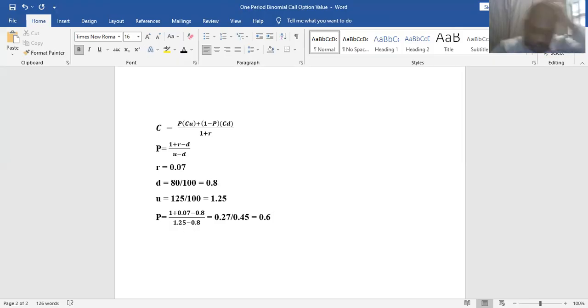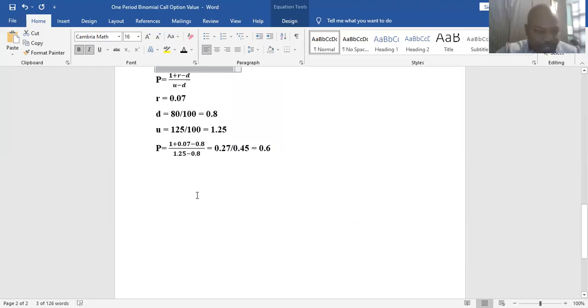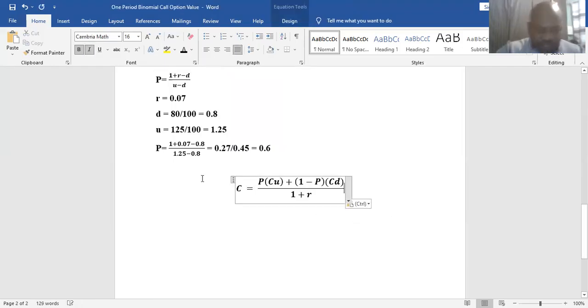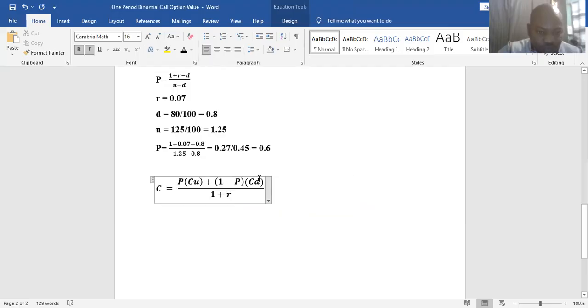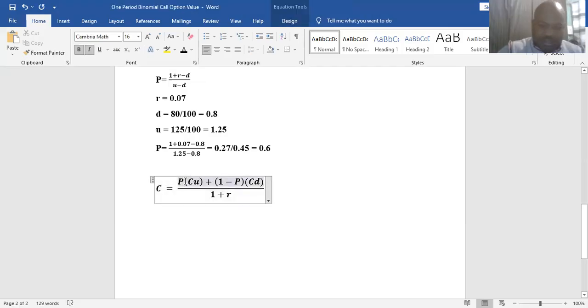Let me see my Q. Let me just choose everything in the formula so that we can find the value of the core option. So the value of the core option is given by this formula, which is basically P, 0.6, multiplied by the possible price when it goes up, which is 125.